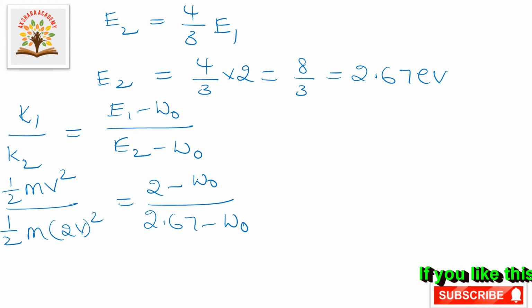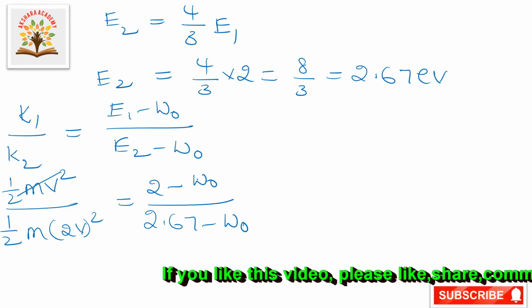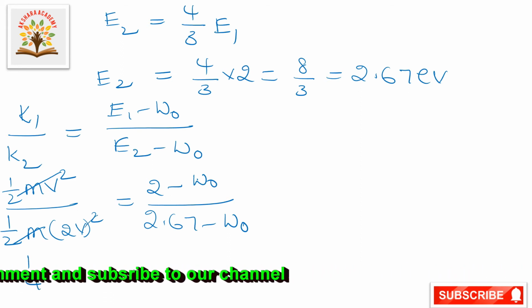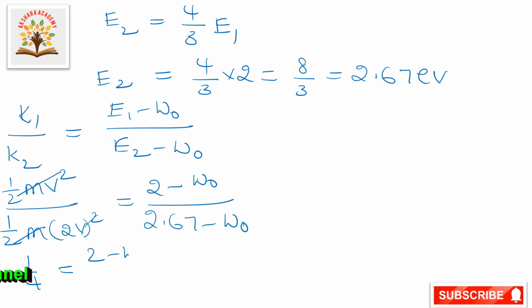So here half mv square gets cancelled. 1 by 4 is equal to 2 minus W naught by 2.67 minus W naught.